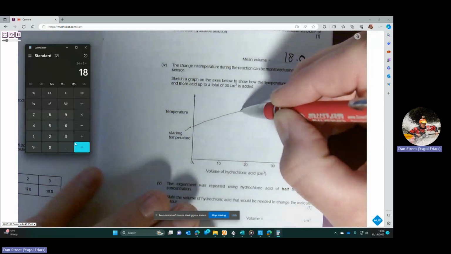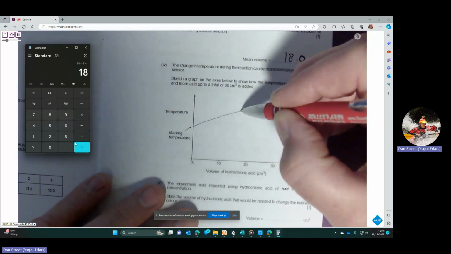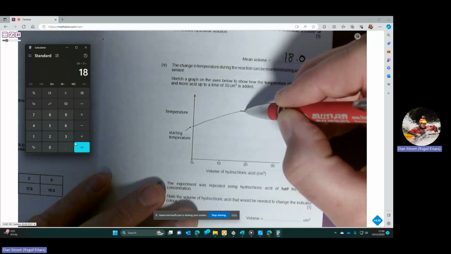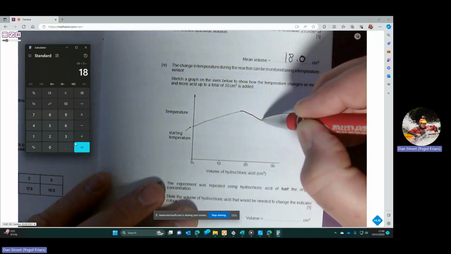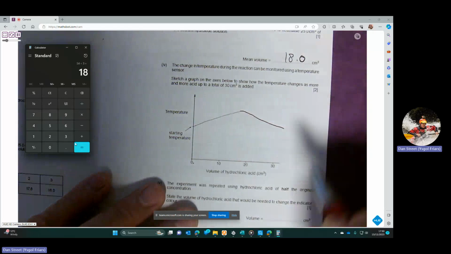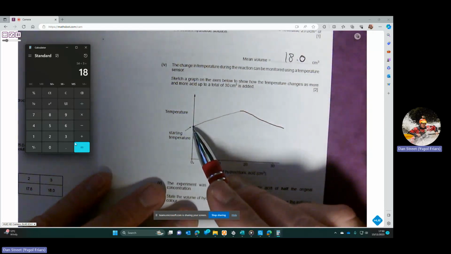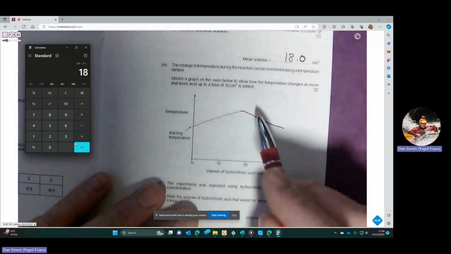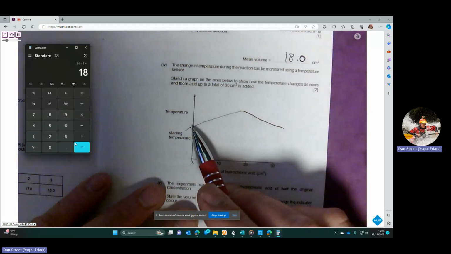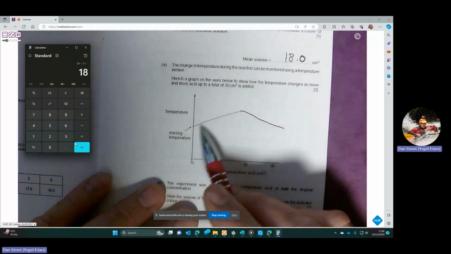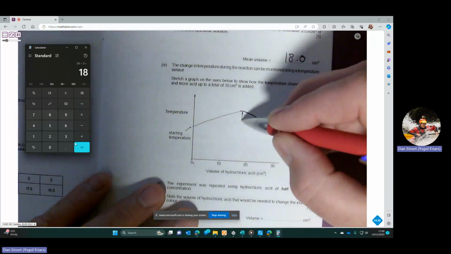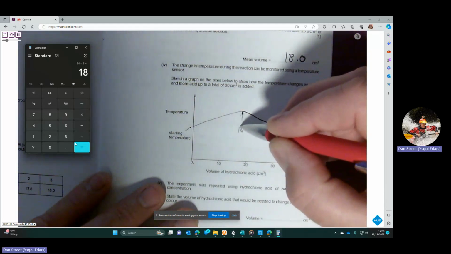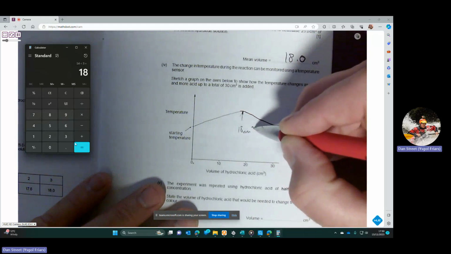So all you're doing is adding cold hydrochloric acid to the vessel. So the reaction temperature will start to go down. It won't go below the starting temperature because that's the temperature of the liquids before they reacted with each other. Okay, so the peak there is at around about 18 centimeters cubed.